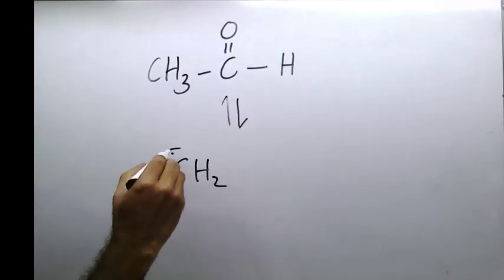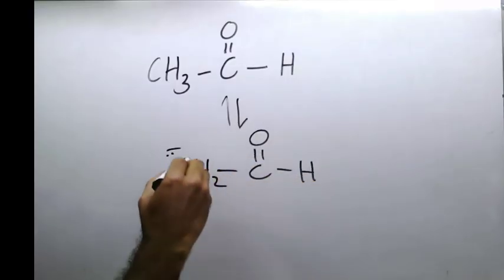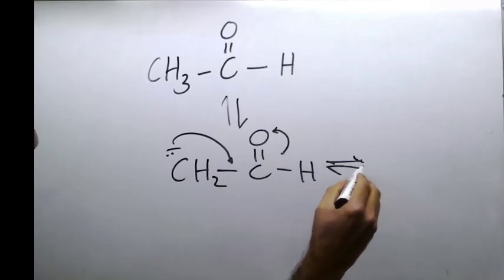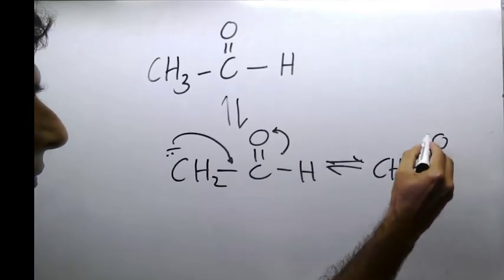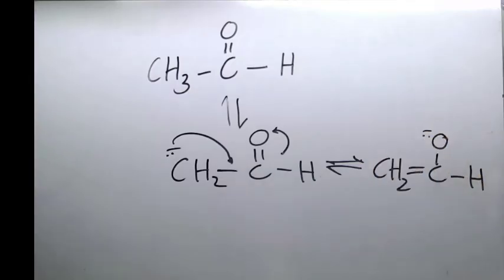we can get this carbanion, and that carbanion can be delocalized with the carbonyl system. Now this is the exact reaction or reactivity that we use in the aldol condensation. I will explain the aldol condensation in a separate video.